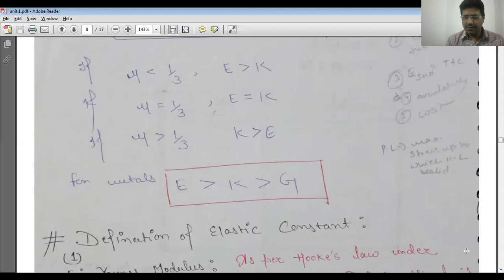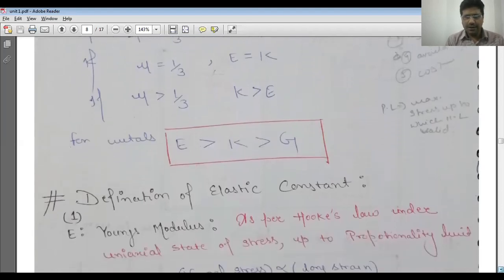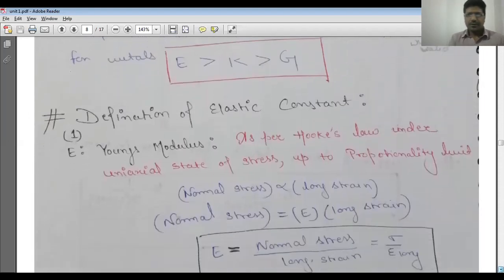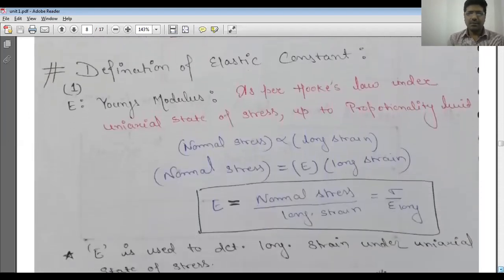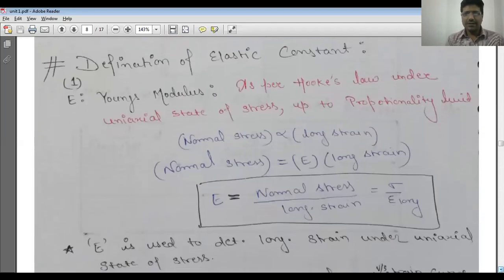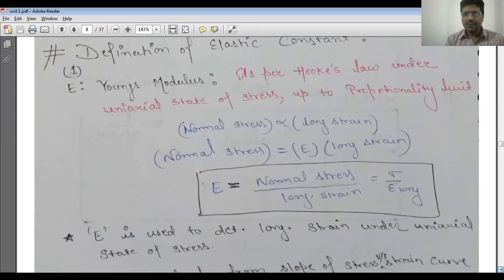Now the definition of elastic constant, as we have already explained: stress is directly proportional to strain, and Young's modulus applies when the strain is taken along the length of a particular part or product. This defines the relationship between sigma and epsilon, and this is Young's modulus of elasticity.